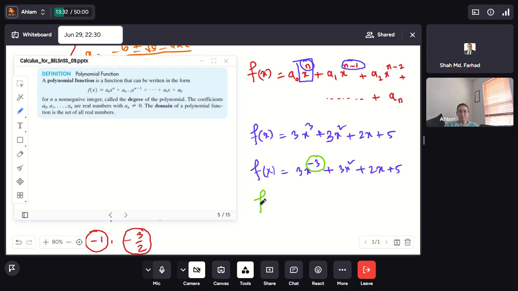Similarly, if we write f of x equals 3x cubed plus 2x to the power 1 over 2, plus 2x plus 5, is this one a polynomial or not?